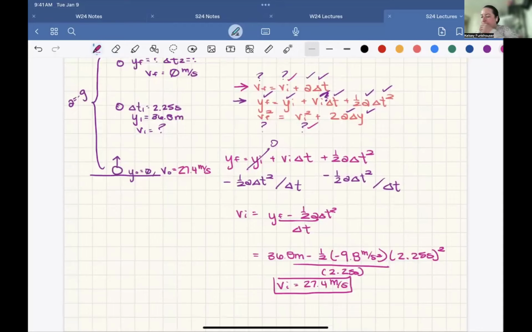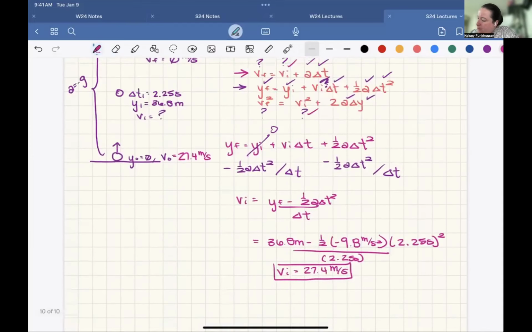We could use either one. I'm just going to use the one without the squares because we don't need to make ourselves do more work. I'm going to try and fit this on this page over here.